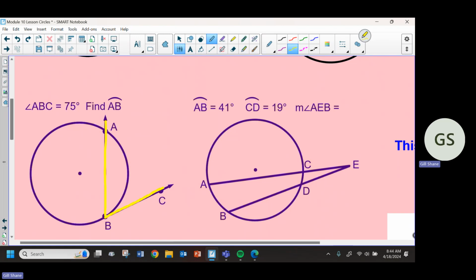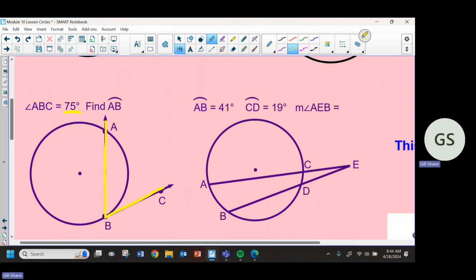All right, so now that we know that the measure of that angle is 75, 75 degrees is the measure of that yellow angle.